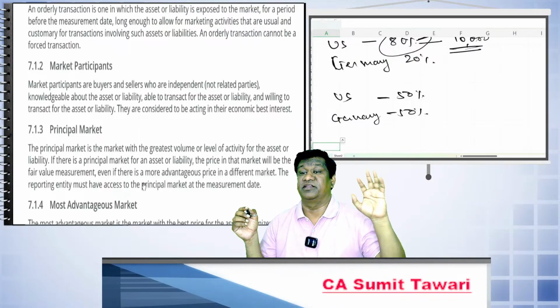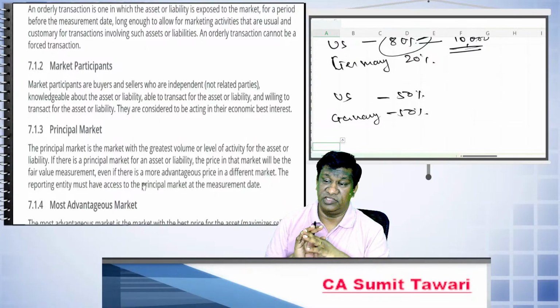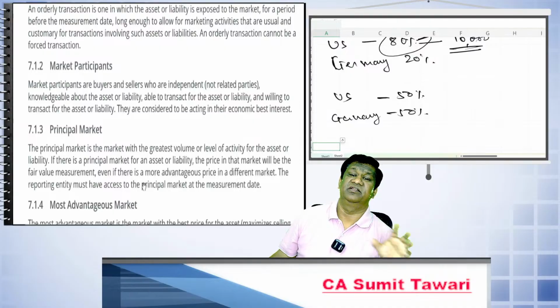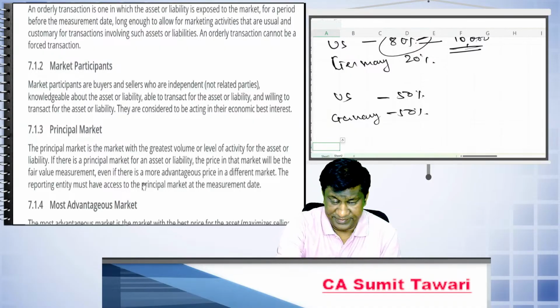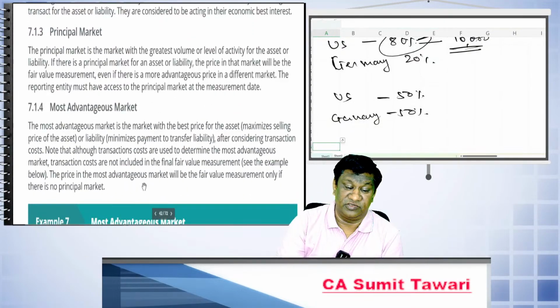If the principal market is available, keep in mind, then you should not evaluate the most advantageous market. Whatever price is given in the principal market, you need to consider as the fair value. And if the principal market is not available, then we go with the most advantageous market.